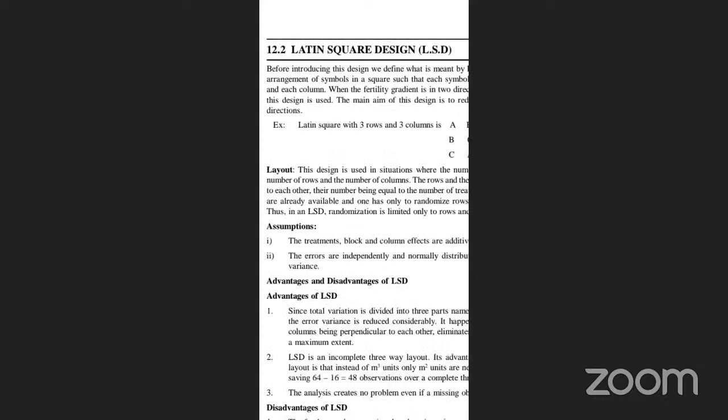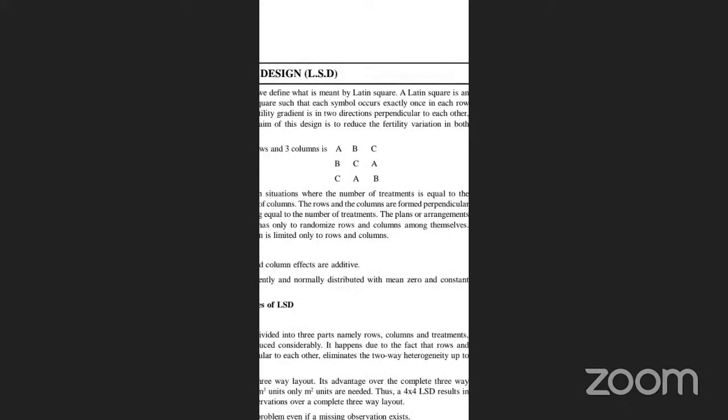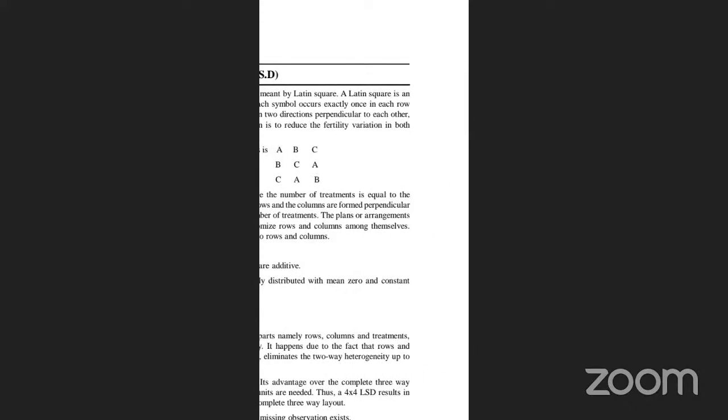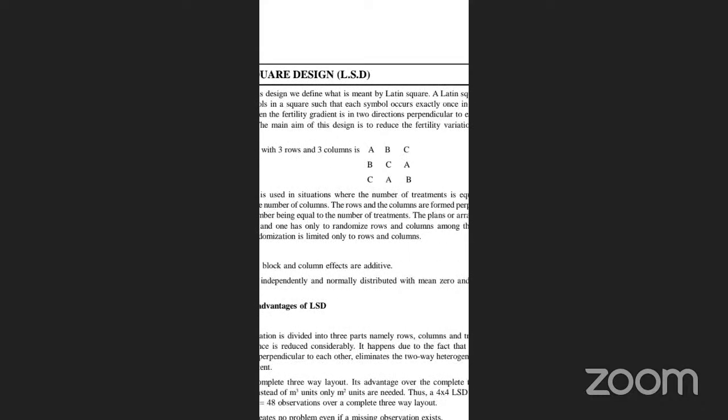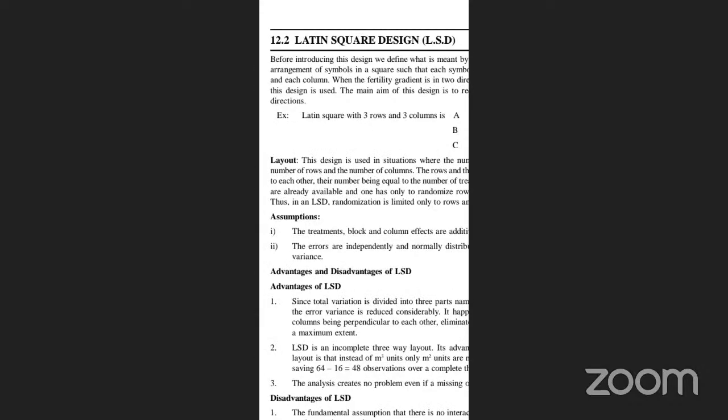Before introducing the design, we define what we mean by a Latin square. A Latin square is an arrangement of symbols in a square such that each symbol occurs once in each row and each column.